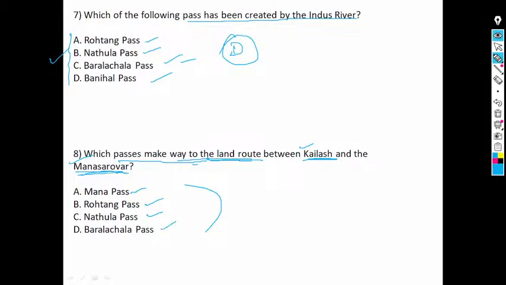Ballachala is in Himachal Pradesh, Nathula is in Sikkim, Rohtang is also in Himachal Pradesh, but Kailas and Mansarovar is in Uttarakhand. So the answer here is Manna Pass.